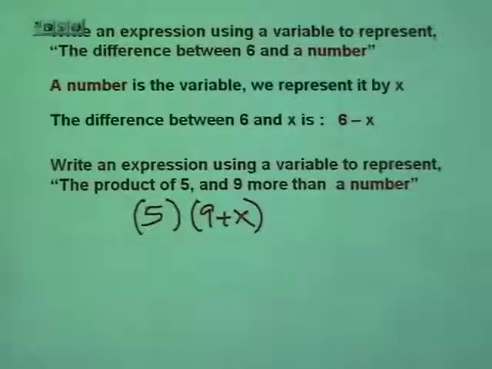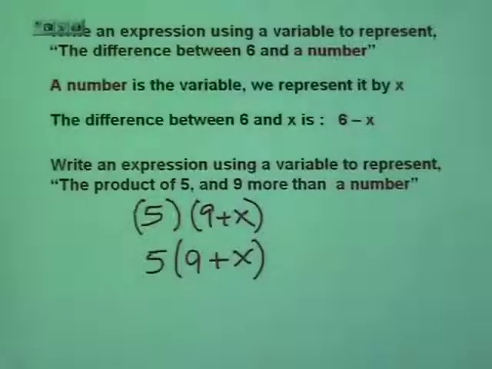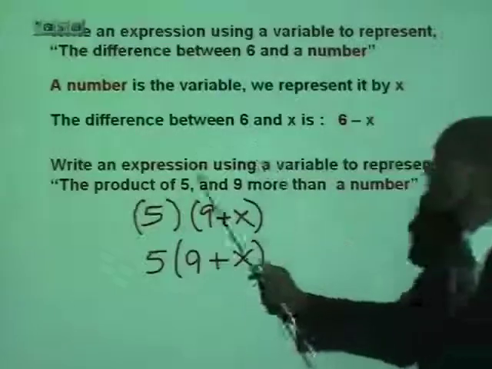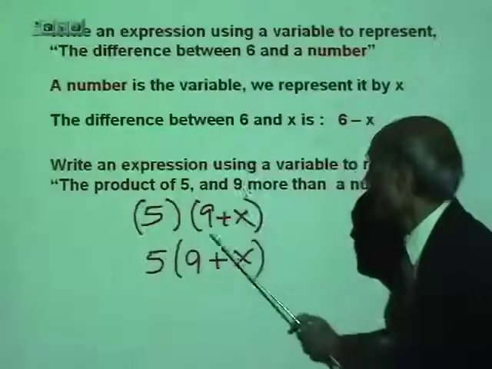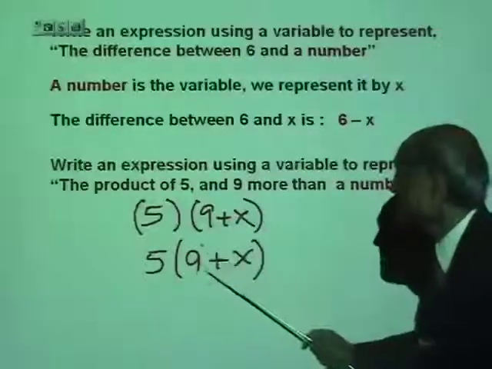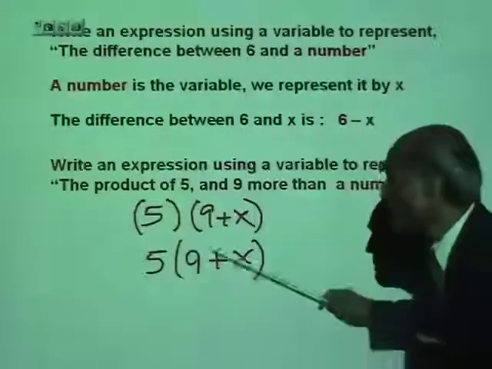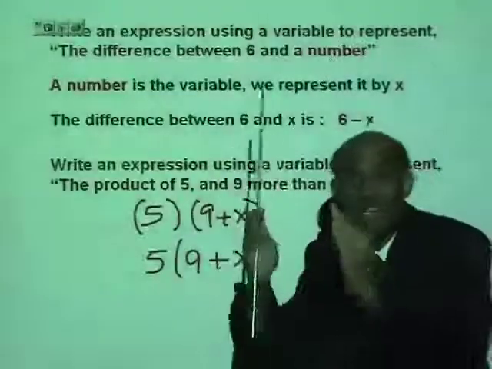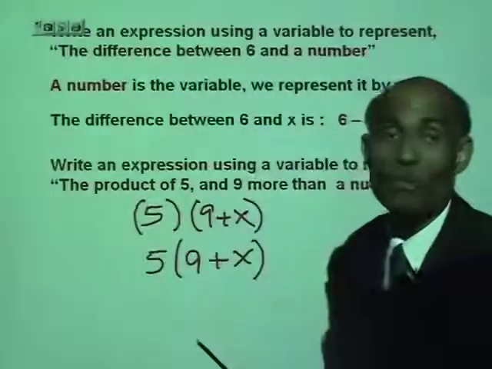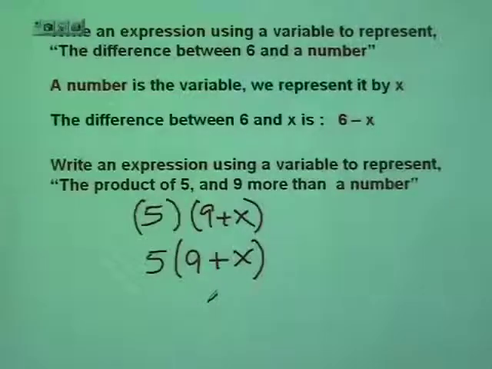That means your answer will be written like this: 5 times 9 plus x. The product of 5 and 9 more than a number. And look at the way we put the parenthesis for the second quantity. It's very important to understand that.